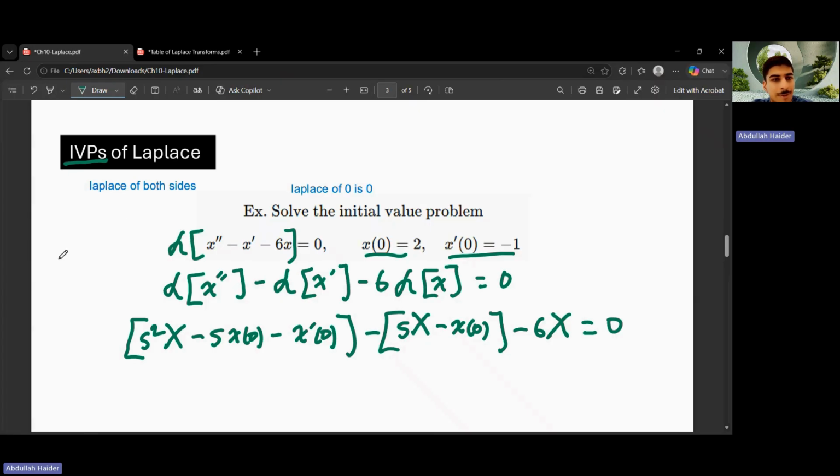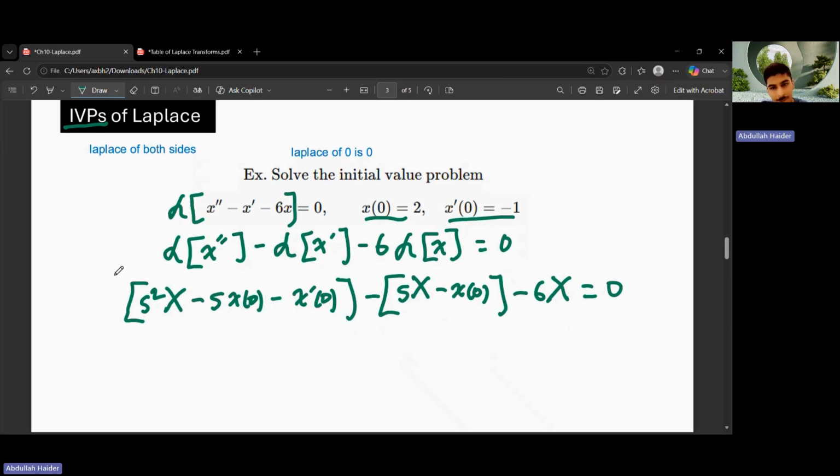Now, the purpose of this initial value problem is that we want to write the left side of our equation in terms of s over whatever we have and take the inverse Laplace. So first, after you take the Laplace of each of these variables separately, you will substitute the initial conditions immediately.